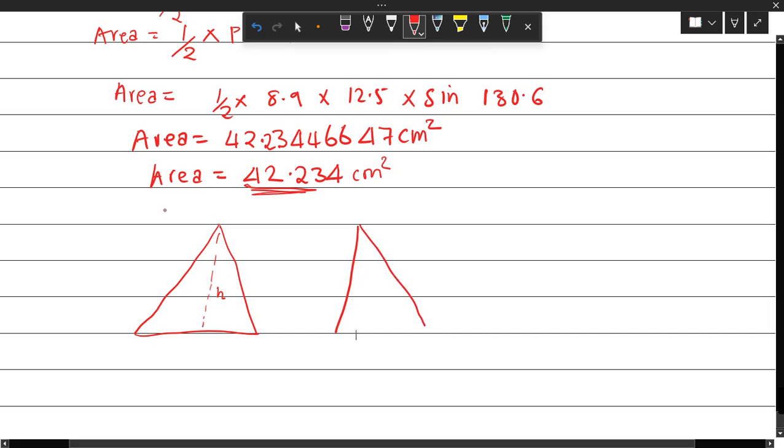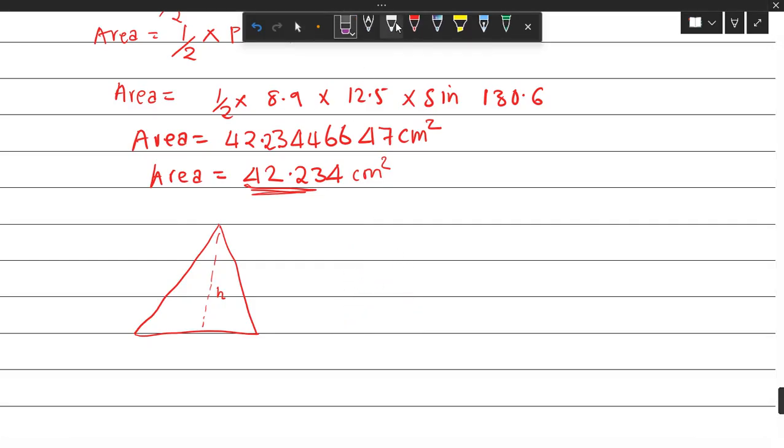My drawing is bad. Let me try draw some perpendicular line. Failing to draw a perpendicular line. Okay, let me see.